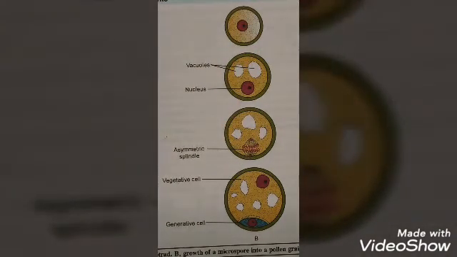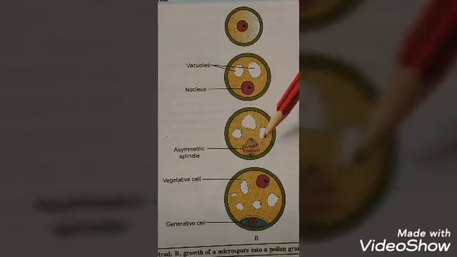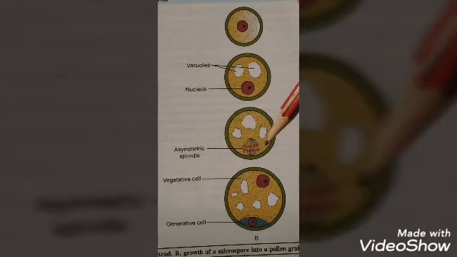The vegetative cell is larger, has abundant reserve food and a large irregular shaped nucleus. The generative cell is small, spindle shaped and floats in the cytoplasm of vegetative cell.